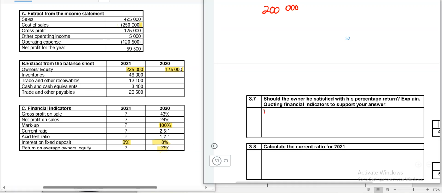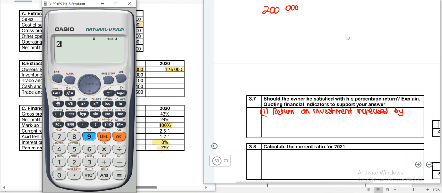So we'll tell them that return on investment increased by, let's check the difference, 29.8 minus 23%, it is giving us 6.8%.